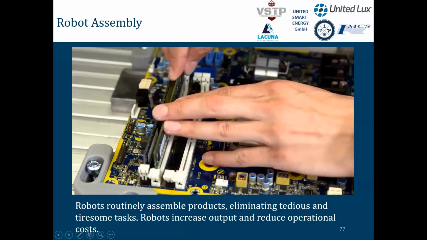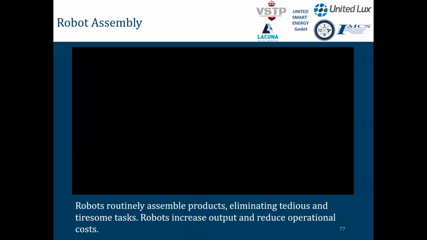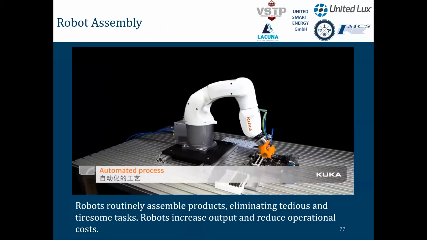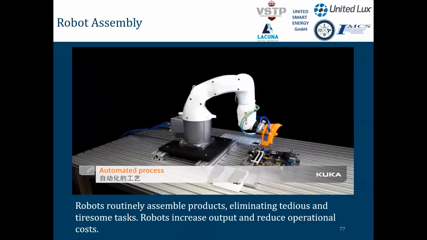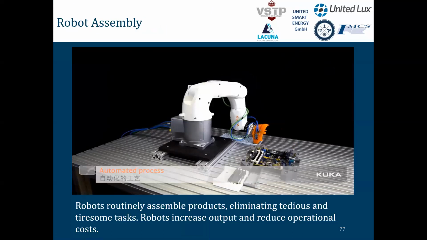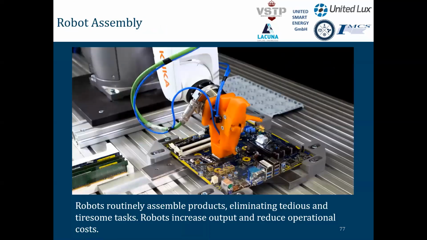Okay, here for example is a replacement of a human, where a robot can do the work as well. The KUKA robot does some assembly work, and they say that the robot is much quicker than a human.